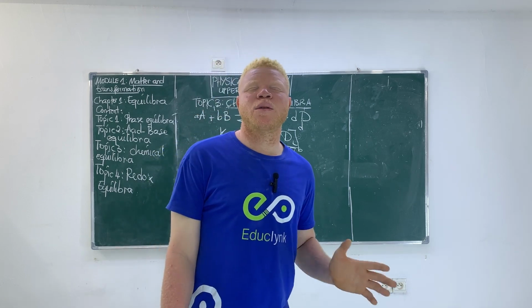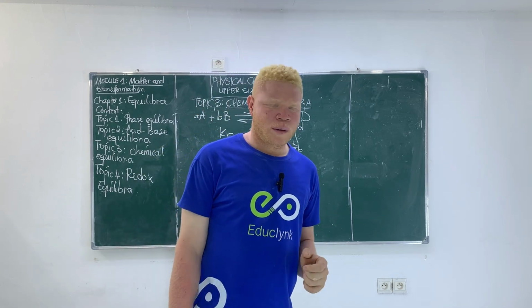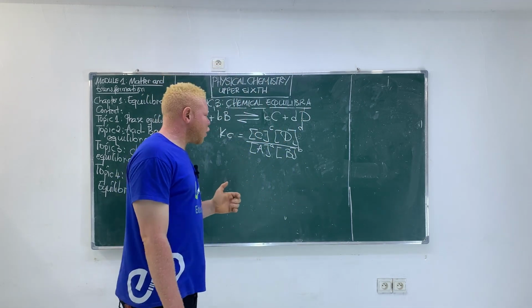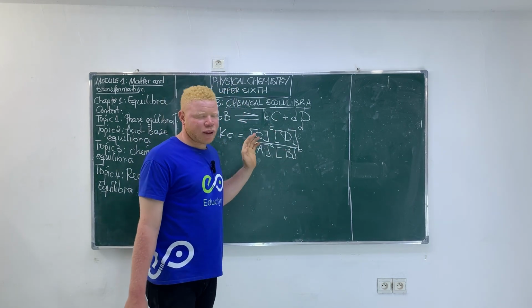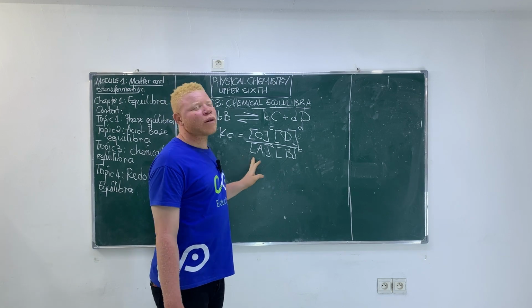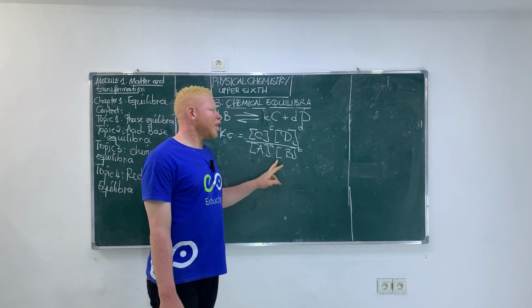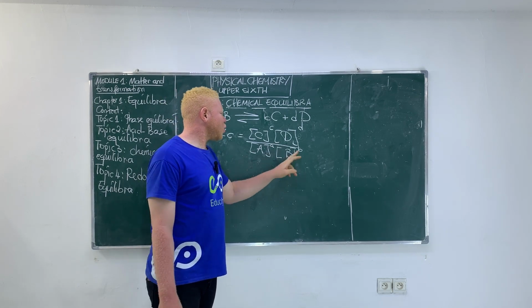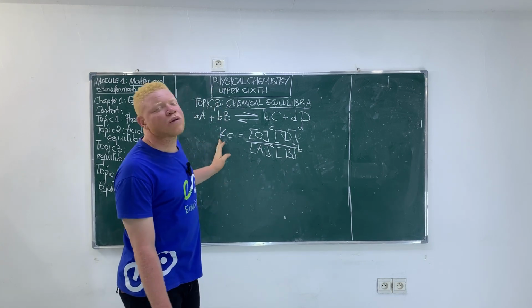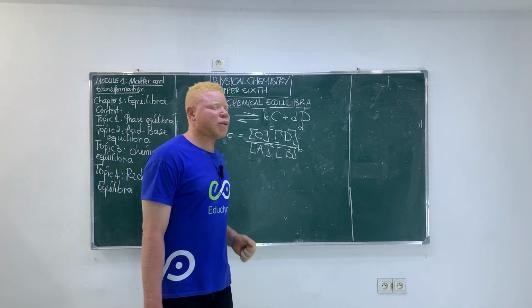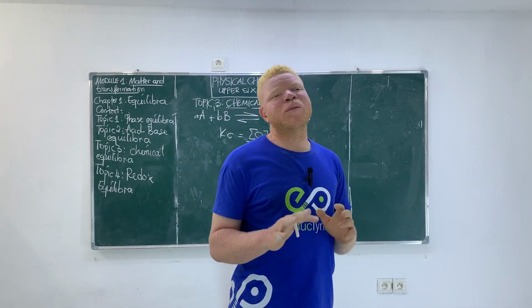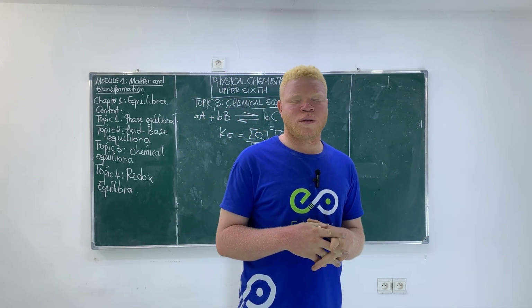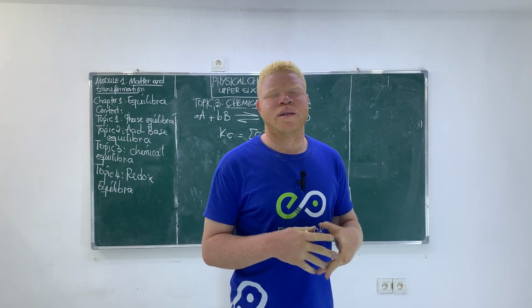For a reversible reaction that attains equilibrium, the product of the concentrations of the products raised to their molar coefficients divided by the product of the concentrations of the reactants raised to their molar coefficients is equal to a constant at constant temperature. So the Kc value is simply affected by temperature. The only factor that affects Kc is temperature.